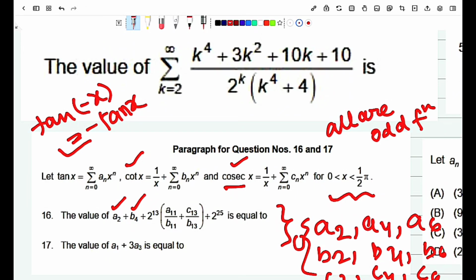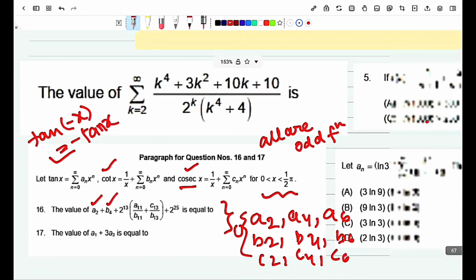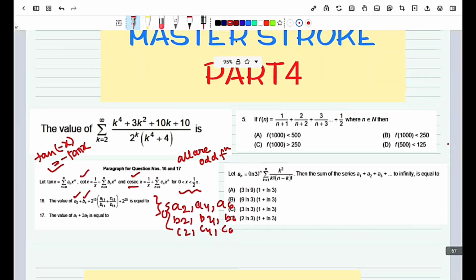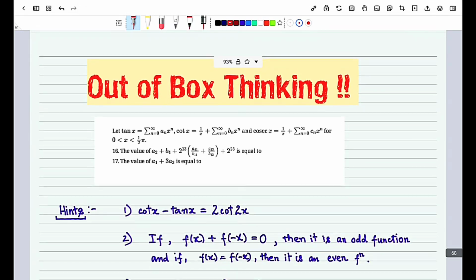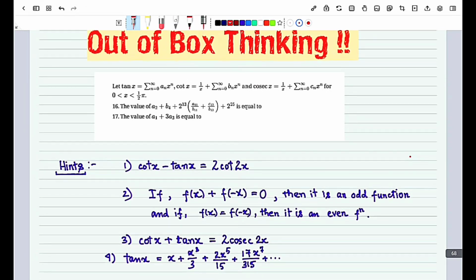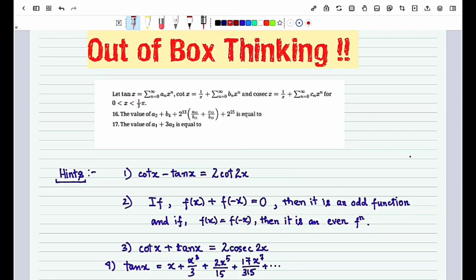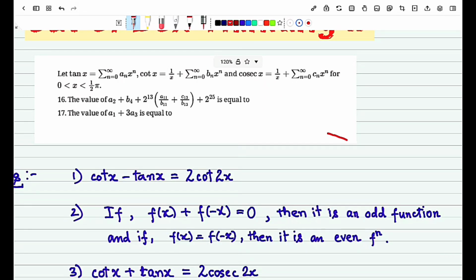After this you may try to solve it with the following hints. What you need to do is think out of the box in this question. You need to subtract the two series, tan x and cot x, and when you subtract cot x from tan x, you end up getting minus 2 times cot of 2x.